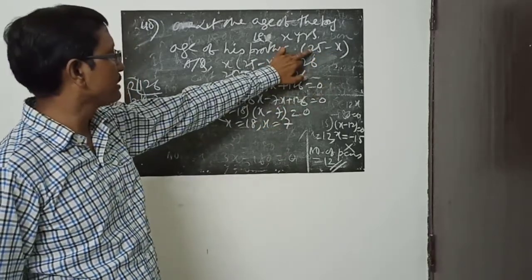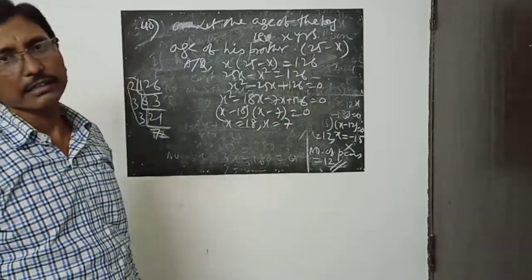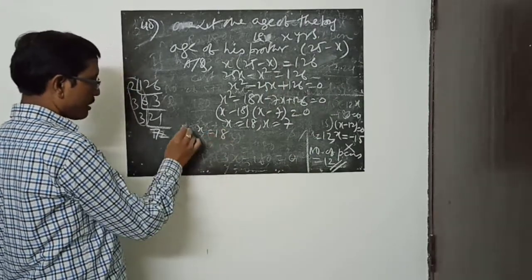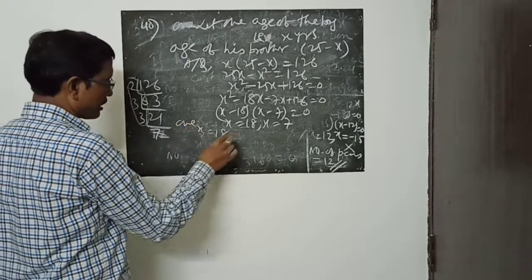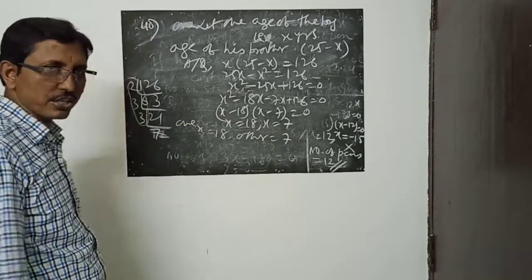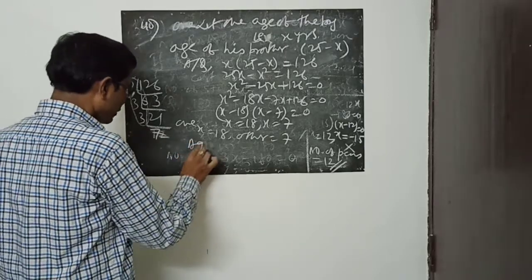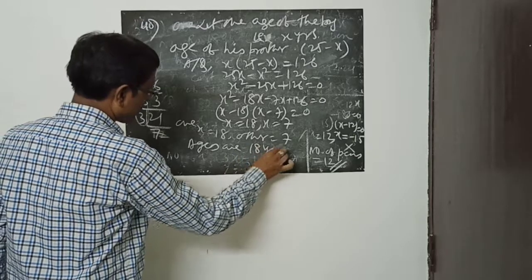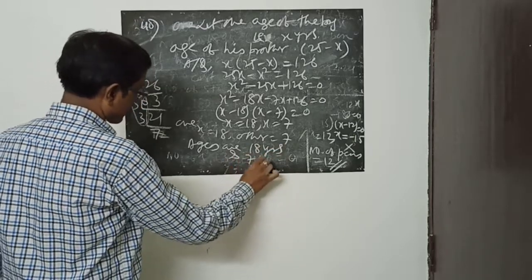But if one is 7, then also you will get the other 18. So when x equal to 18, the other will be what? 7. Or if 7 is one, the other will be 18. Therefore the ages of the two brothers are 18 years and 7 years.